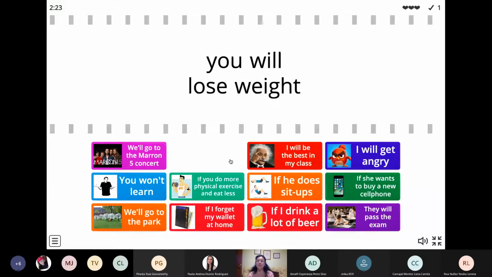You will lose weight. Cindy Joanna Marie, you have to look for if. Observe que en esa frase no tenemos la condición, hay que buscar el if. And, of course, the second part, coherent with this.